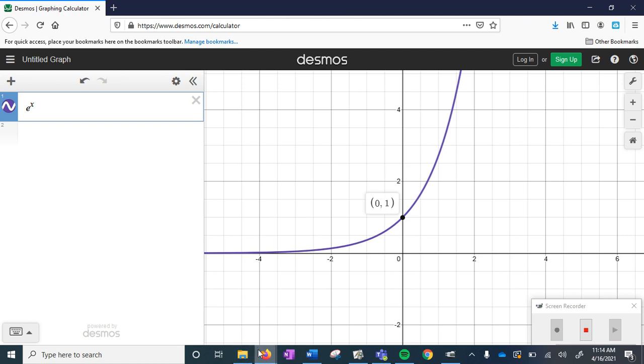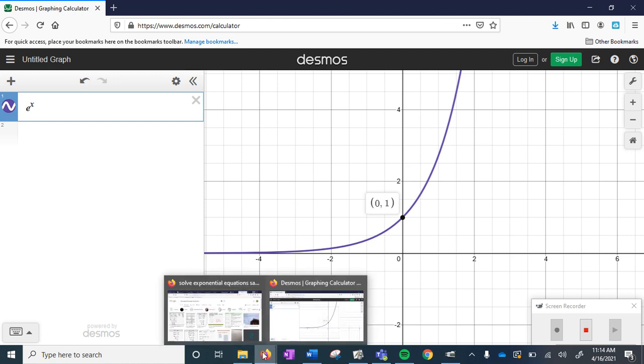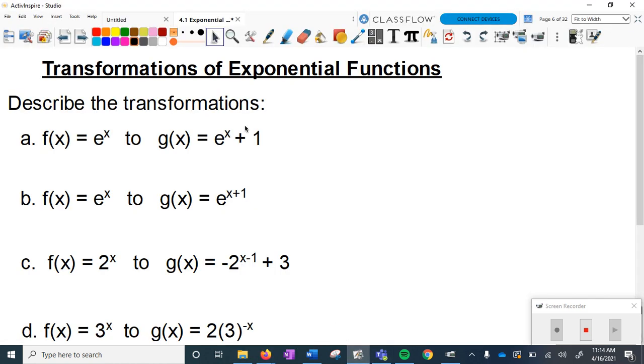Okay? So what would happen if we tack on a plus 1? Well, remember, anytime I add 1 to the end of it, that is a shift up 1. If I add 1, it's up. If I subtract 1, that would be down.